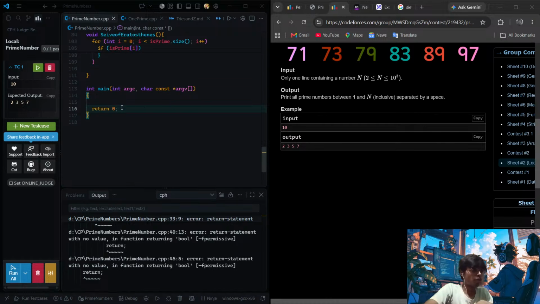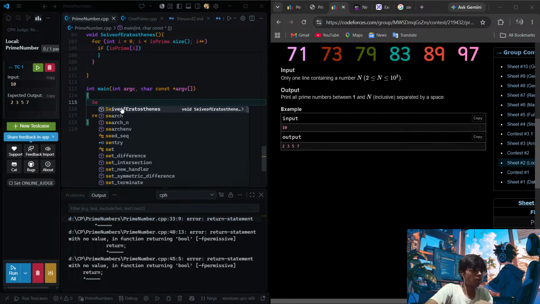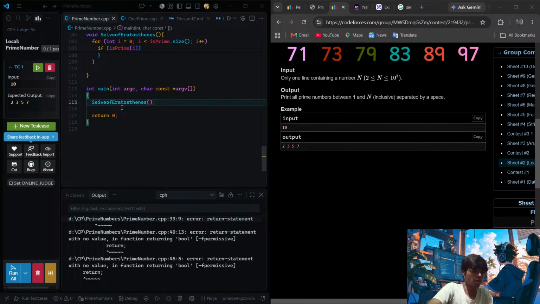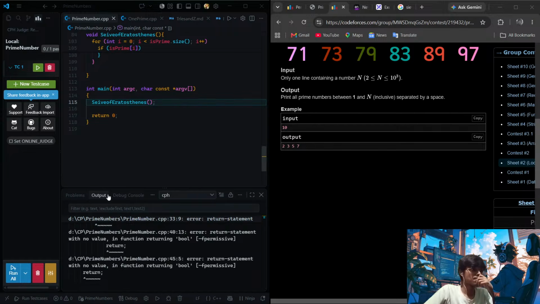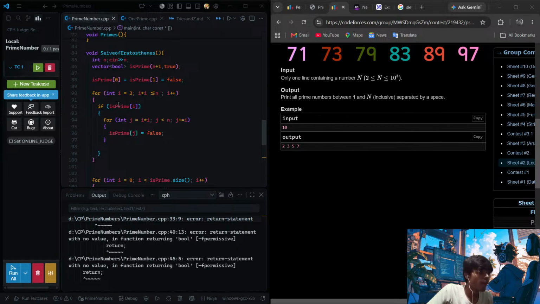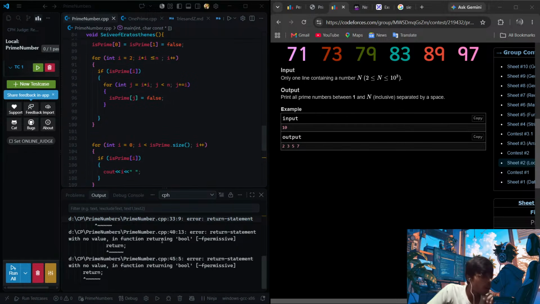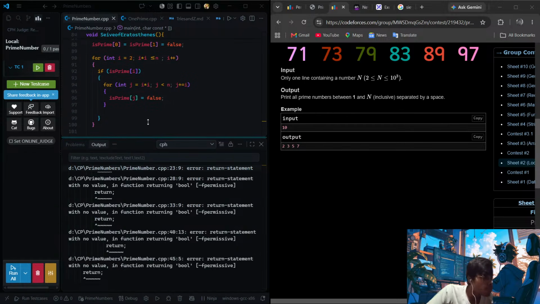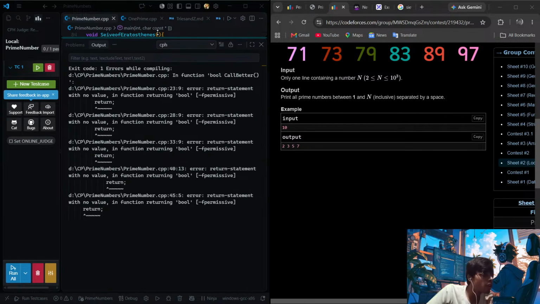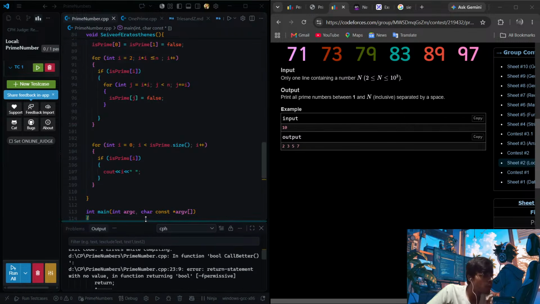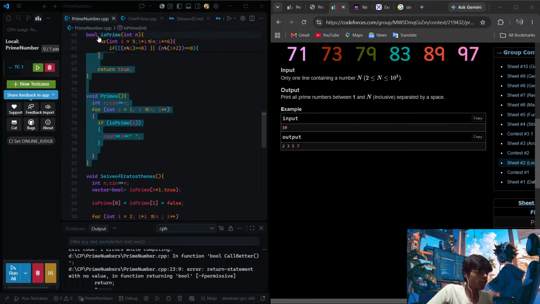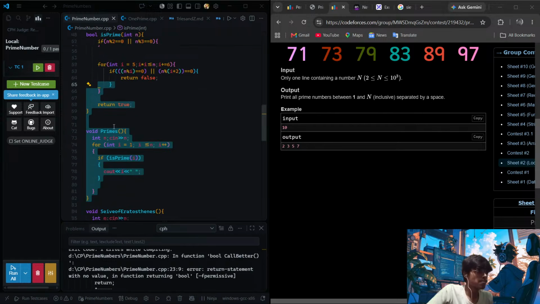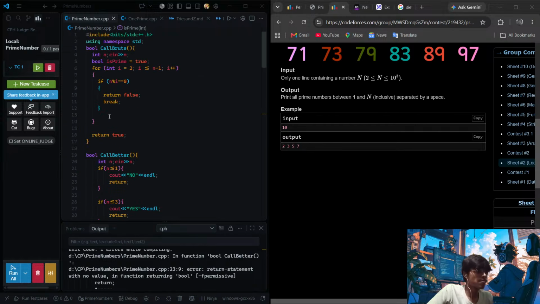I have to remove this and write cout. What has been written? Return boom. Oh, I have to comment everything.